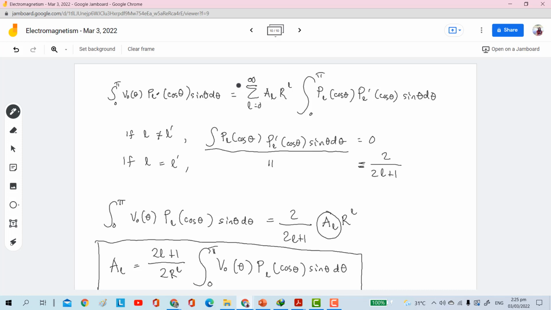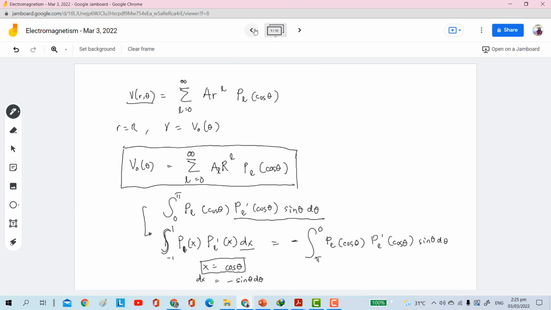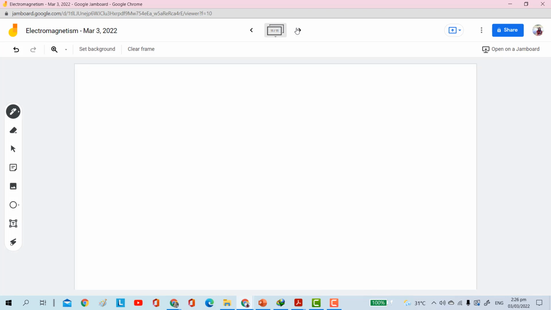Now, we go back to our general solution and plug in our A sub L. Our general solution, not this one, is this: the potential inside the hollow sphere, which has no B. We plug in our A here.